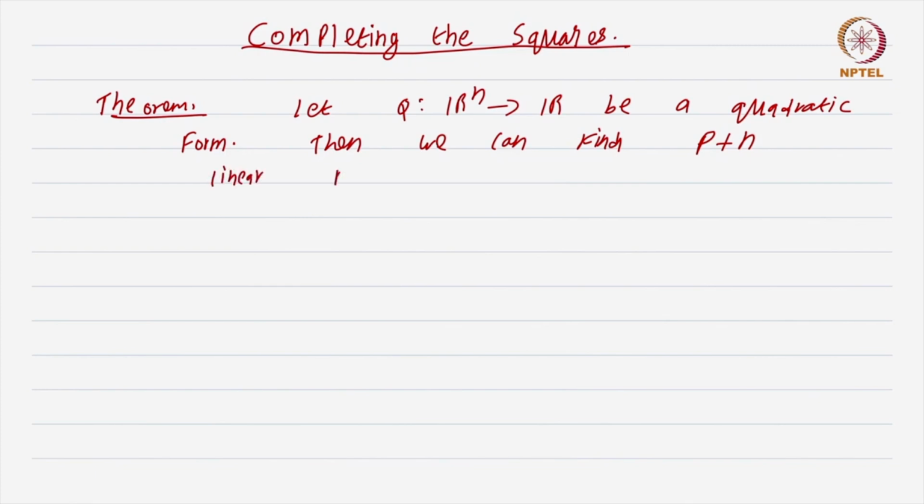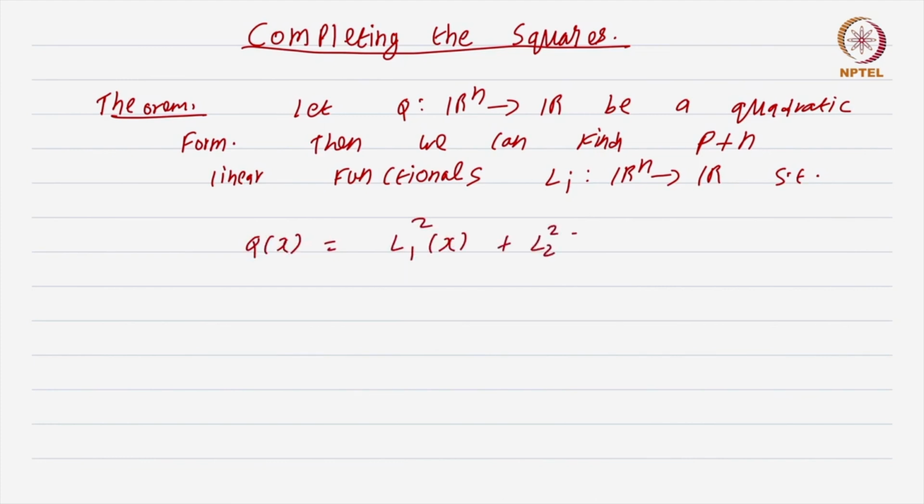You will understand why I am writing it as P plus N in a moment. P plus N linear functionals Li from Rn to R such that Q of x is nothing but L1 squared x plus L2 squared x plus ... plus LP squared x.